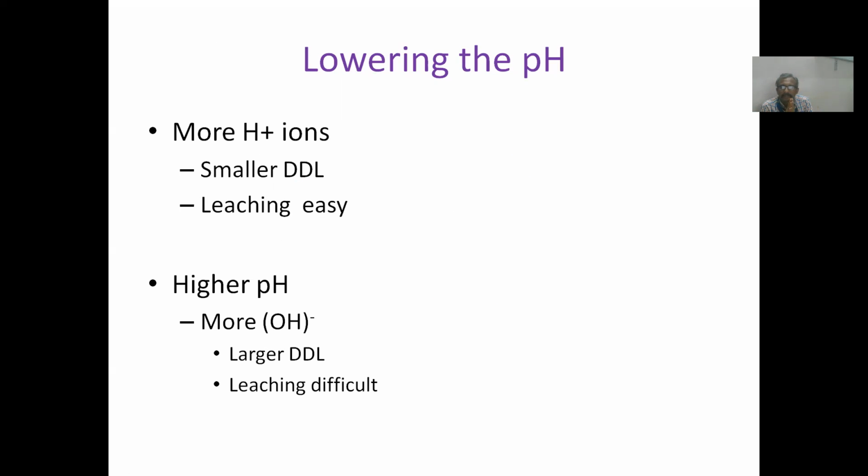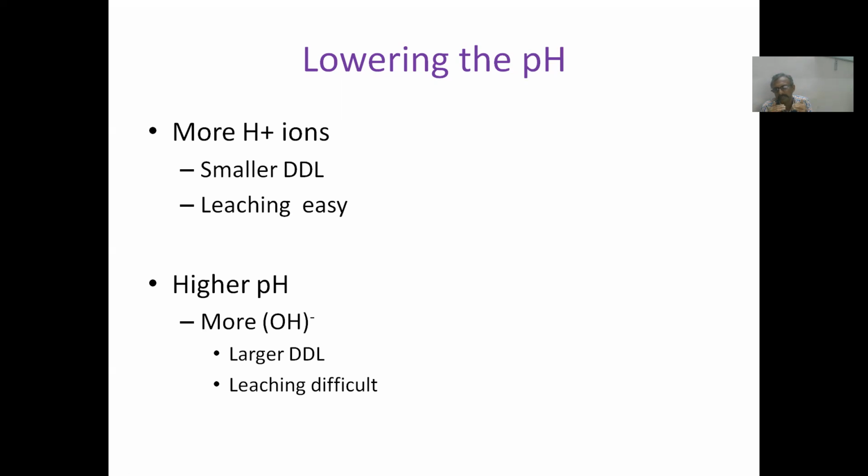So to wrap up, by lowering the pH, you will have more hydrogen ions, a smaller diffuse double layer, and leaching becomes easy. There is not much swelling, and with a smaller diffuse double layer, you will have more area for easy movement of water.